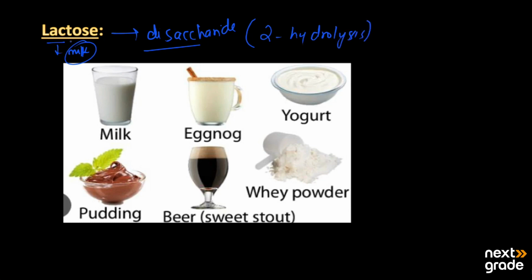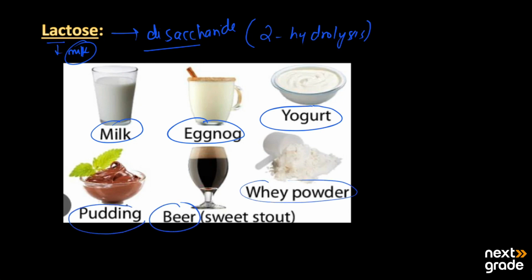We can gain lactose from milk, eggnog, yogurt, whey powder, beer and pudding. All these are the main sources of lactose, which in our daily life we use for the lactation of the body.